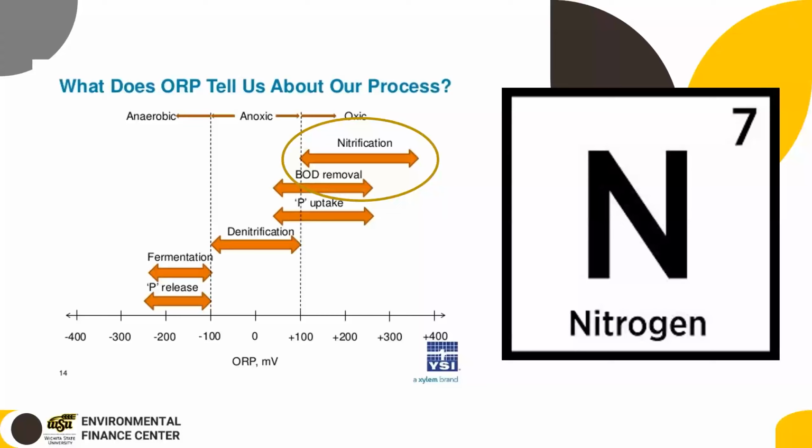Unless there's a good reason, you would want to add it before clarifiers at most plants. And you would be responsive to that if you either saw your biological process going south for one reason or another, you were monitoring it and it didn't appear to be working anymore, or if you were taking orthophosphate samples from the mixed liquor as it goes into the clarifier. And if those were high, then it's time to turn up chemical. All right, thanks.